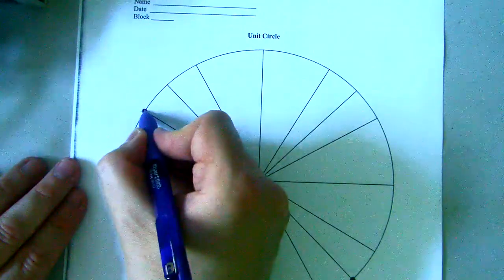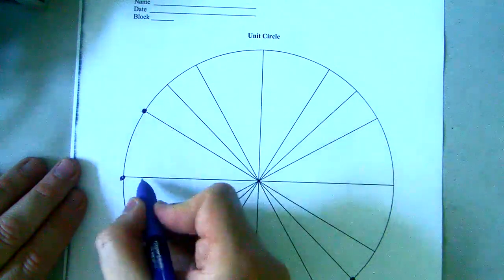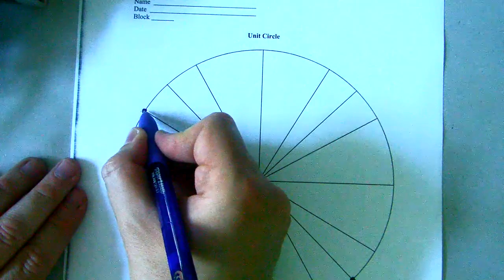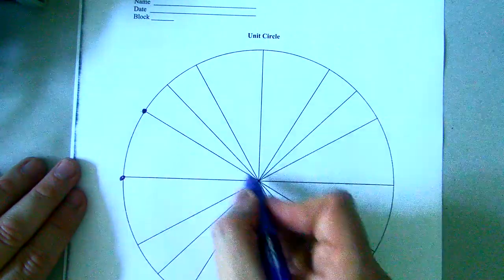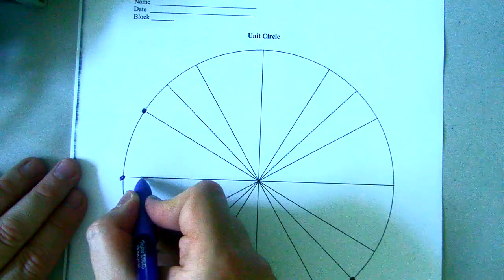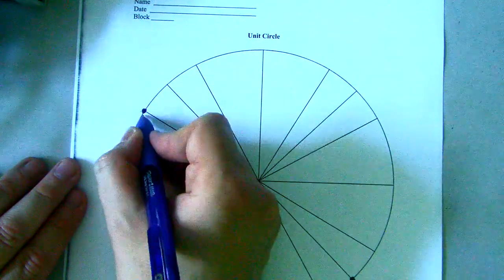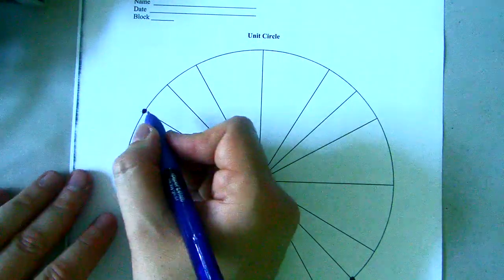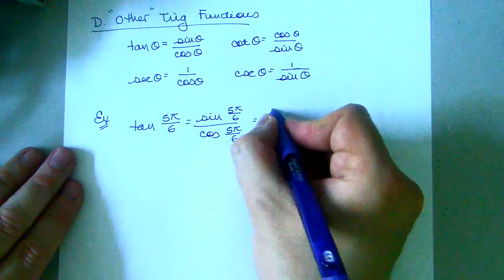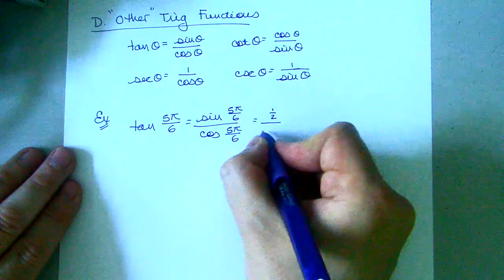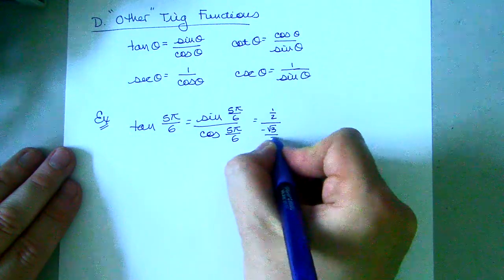The sine of this angle, sine is the y-coordinate, is going to be 1/2. Cosine of this angle, cosine is the x-coordinate, you're going left and you're going as far as you can, that's not -1. I think our cosine is going to be -√3/2. Therefore, the tangent is going to be (1/2) over (-√3/2).